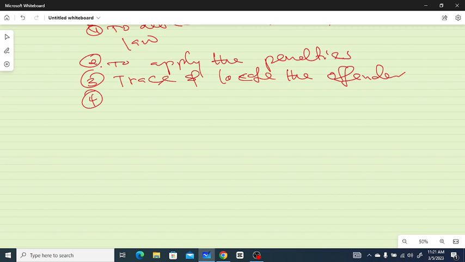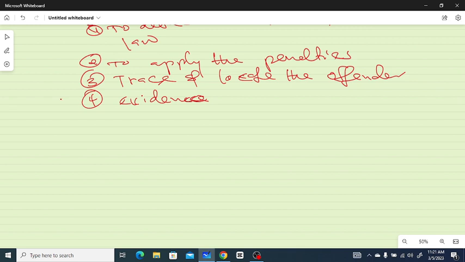Number 4, they have to provide sufficient evidence. So this tax investigation will assist the tax authority in providing sufficient evidence of the breach.